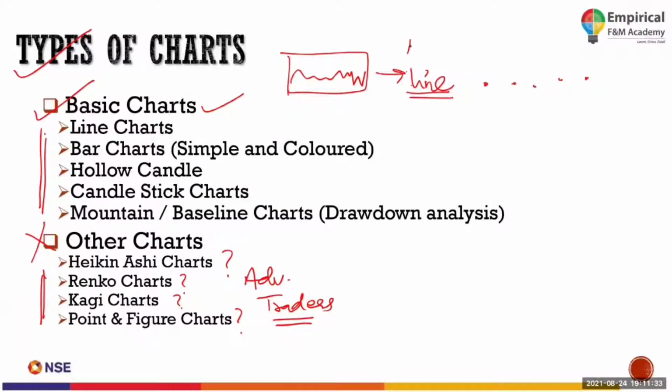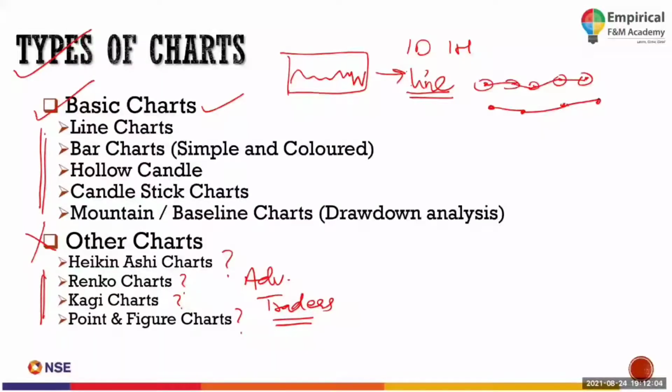If a line chart is a daily line chart, which means 1 day, then you will be joining all the closing points of different days. And this is how we'll have a line chart with us. Now, if the time frame, let's say, is not 1 day, but 1 hour, then every hour's closing price will become my points to join in and make the line chart.